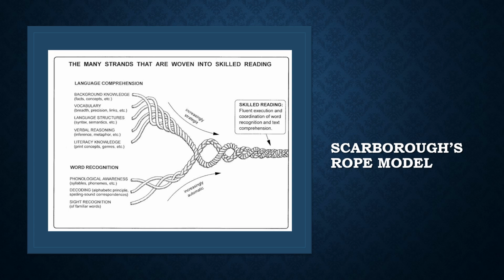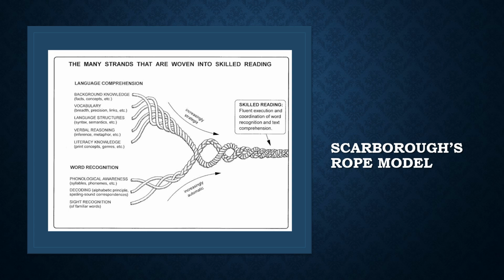This strand requires that the reader becomes more automatic in these skills through systematic and explicit instruction. These skills, as they're developed, should become immediate, and they should not require energy use. That energy use needs to be reserved for the language comprehension strand.